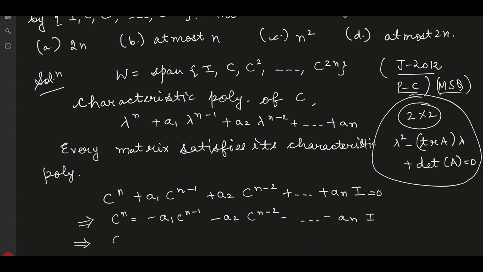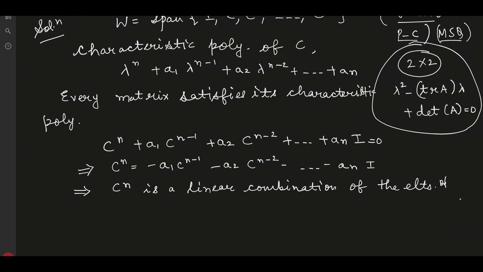So, are you able to see that C^n is a linear combination of the elements of which set? I, C, C square, C cube, so on till C to the power n minus 1.